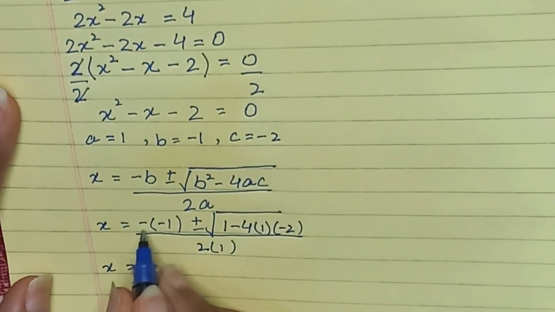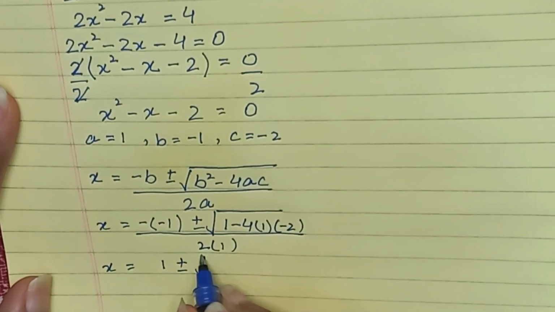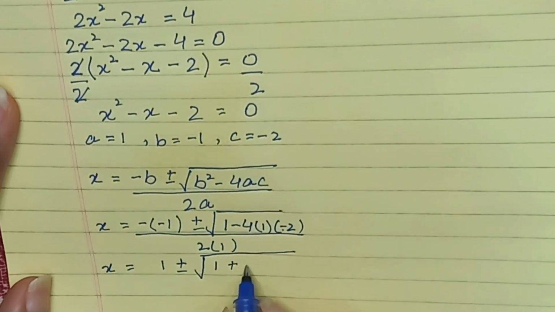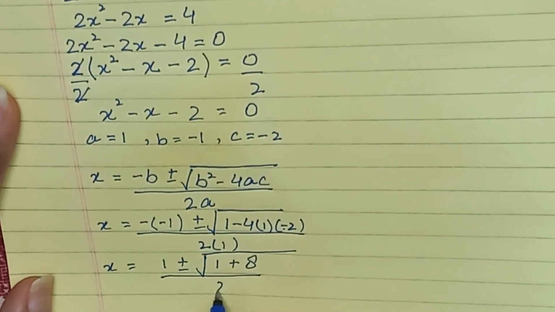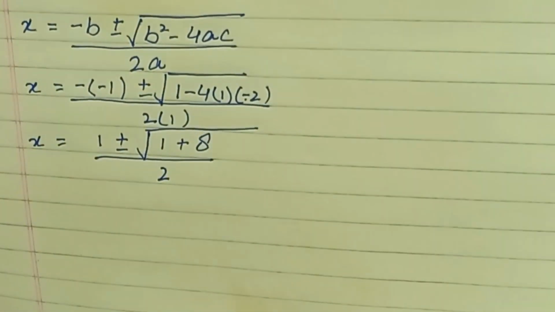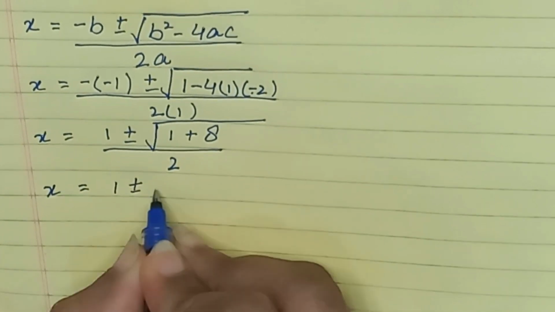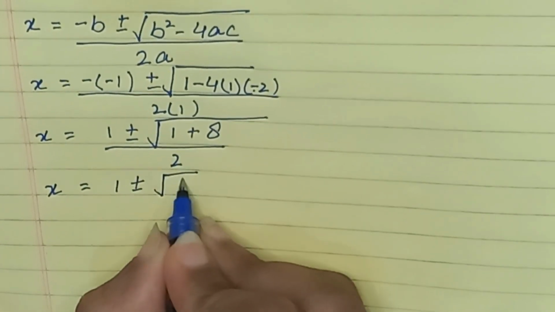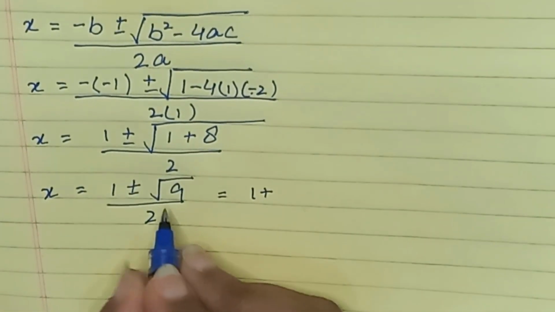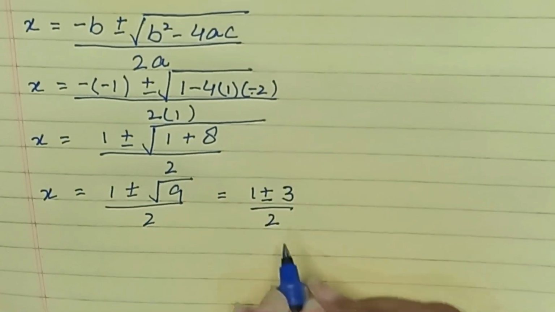So it will become negative into negative will be positive, plus minus square root of 1 minus into minus plus, 4 times 2 is 8, divided by 2. x is equal to 1 plus minus square root of 1 plus 8 is 9, divided by 2, which is equal to 1 plus minus square root of 9 will be equal to 3, divided by 2.